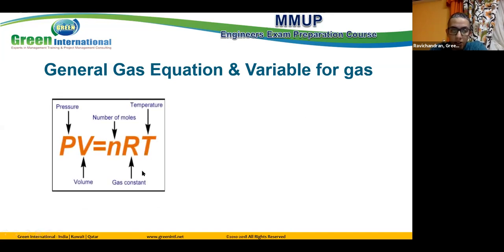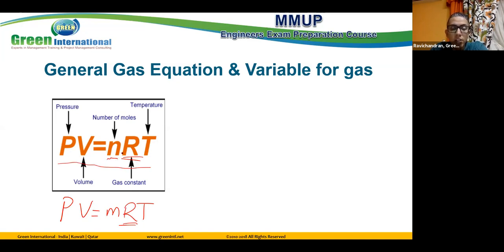PV equals nRT is the general gas equation. The other equation is PV equals mRT, but this R is not the same as this R. This R here is for the equation with number of moles.